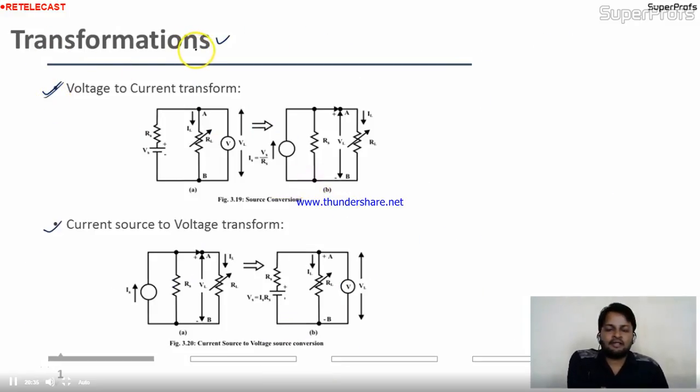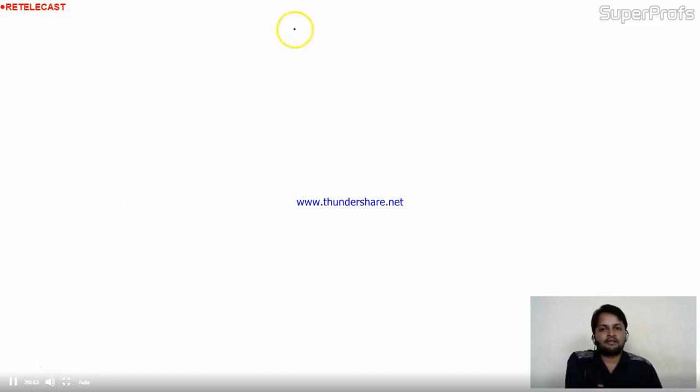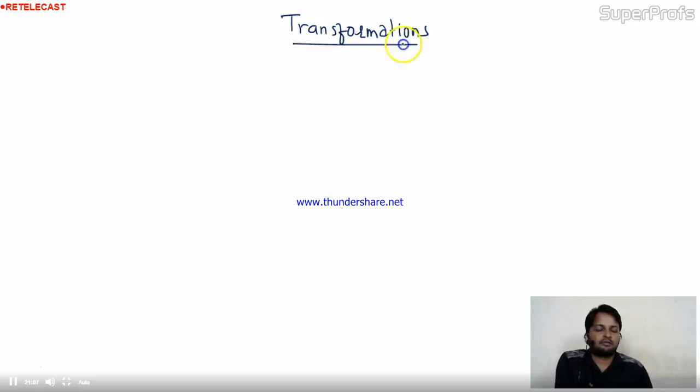Come to the transformations now. We have two types of transformation: voltage to current transformation and current to voltage transformation. The current and voltage transformation will sometimes be beneficial to solve the circuit. That's why we are going to discuss this. This is a very easy concept actually.